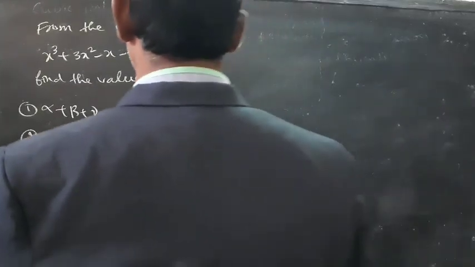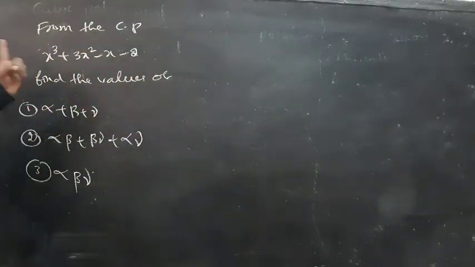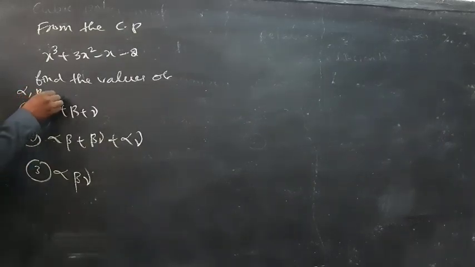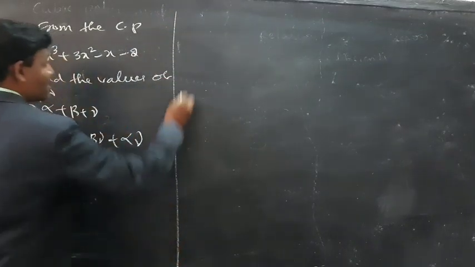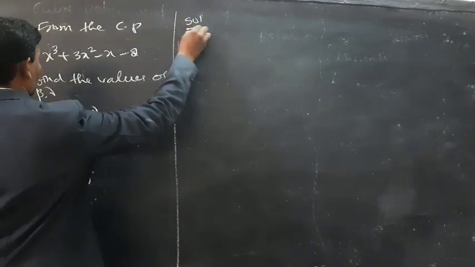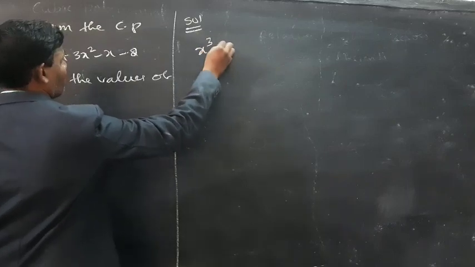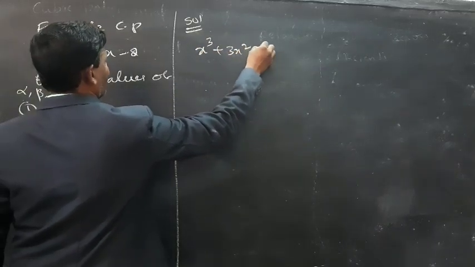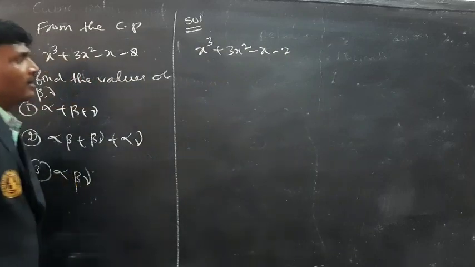10th class students, here is the question. For the cubic polynomial x cube plus 3x square minus x minus 2, find the values of alpha plus beta plus gamma and so on, where alpha, beta, gamma are the zeros of the polynomial. In the solution, the given cubic polynomial is x cube plus 3x square minus x minus 2.